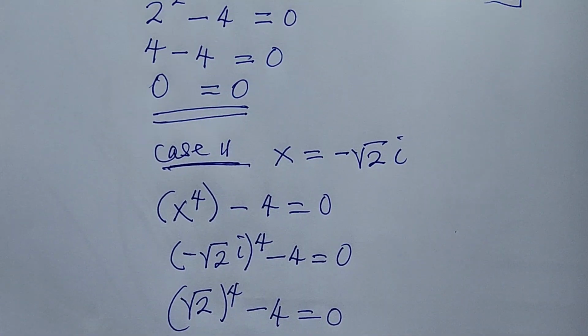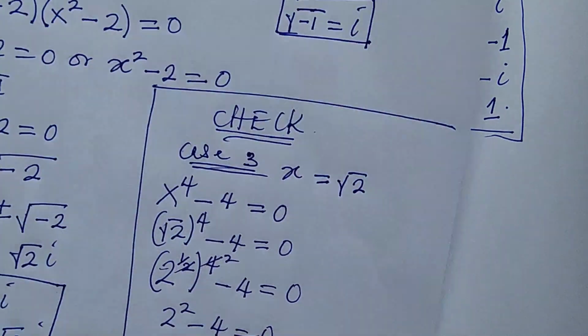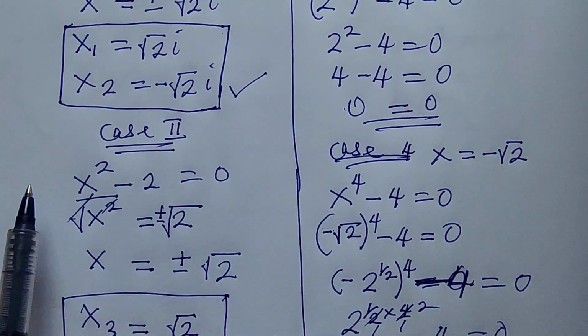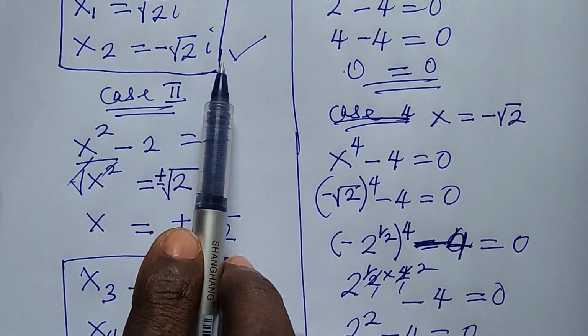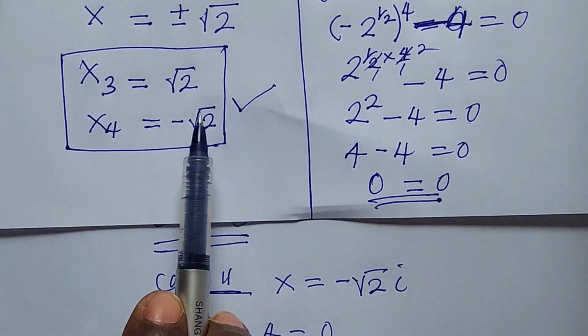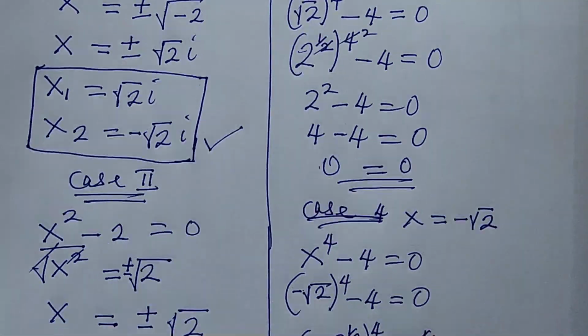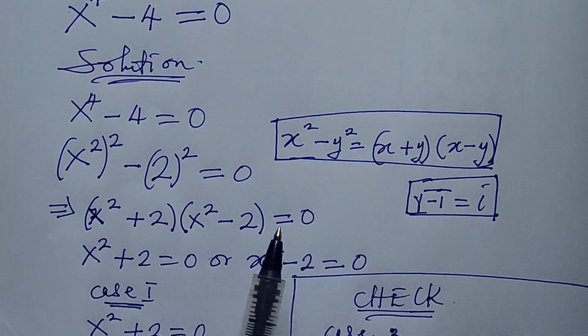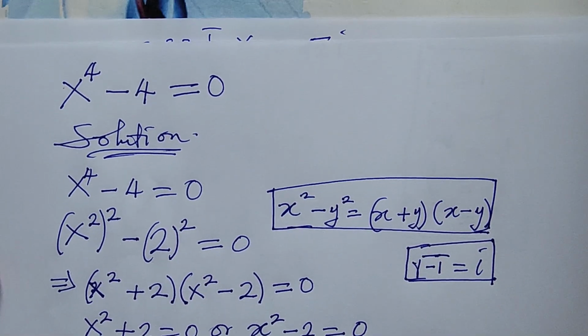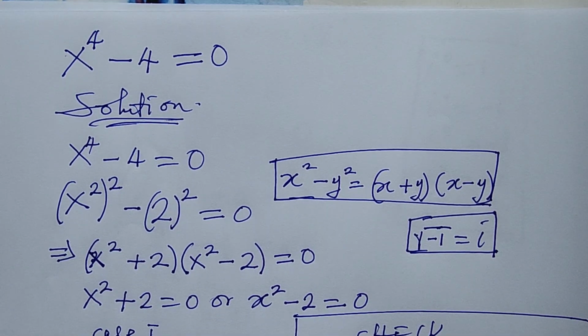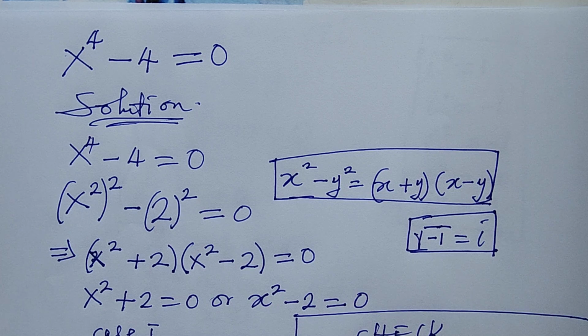So this shows that all the four roots we calculated for, which is this x1 equals this, x2 equals this, x3 equals this, and x4 equals this, satisfy the original equation, which is this.